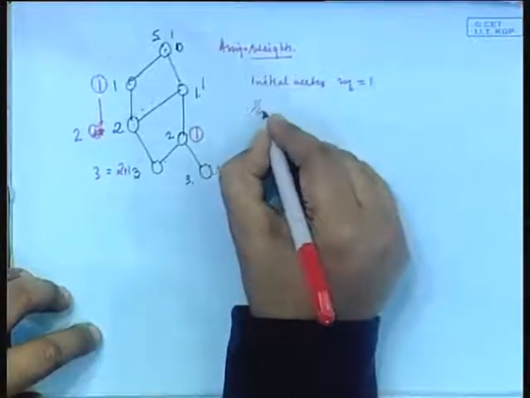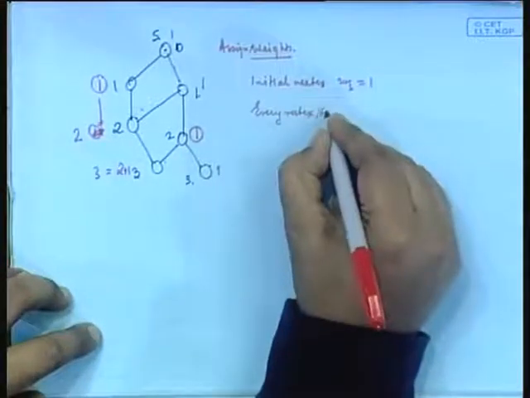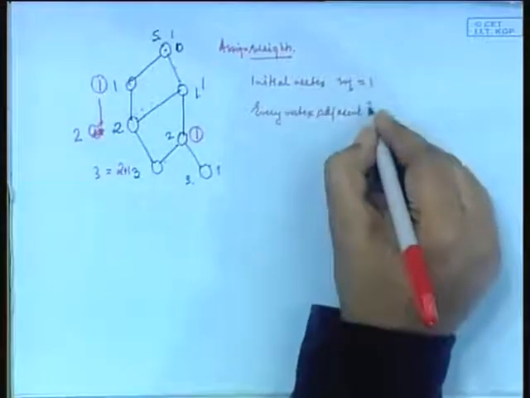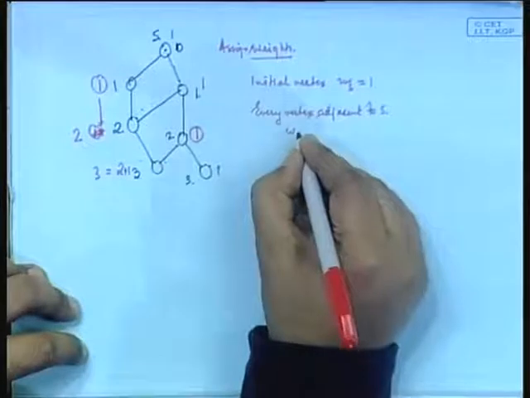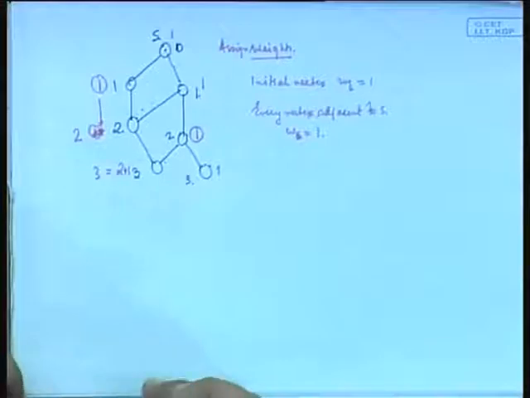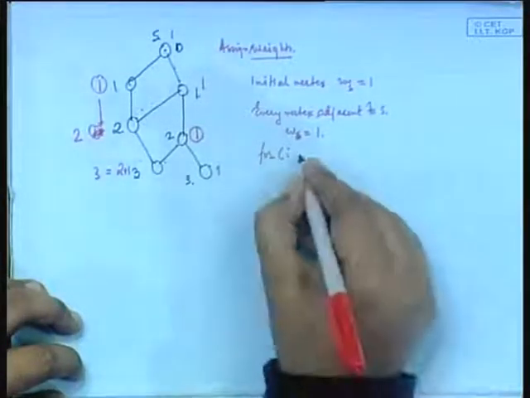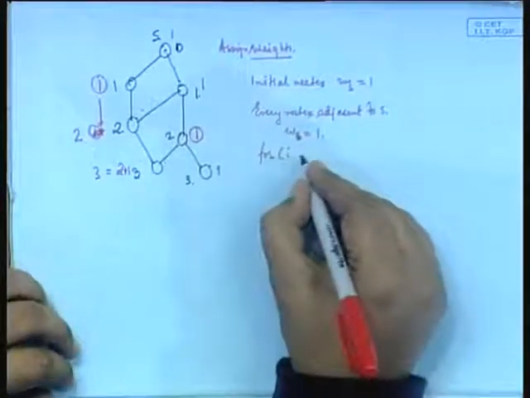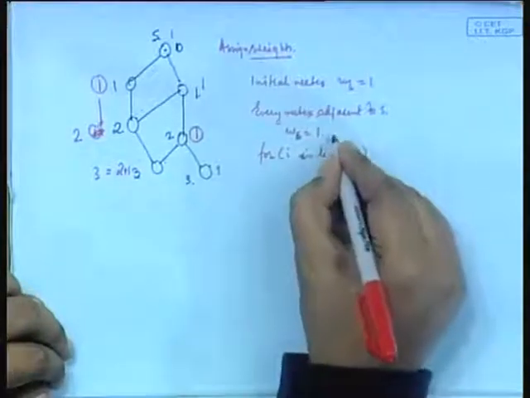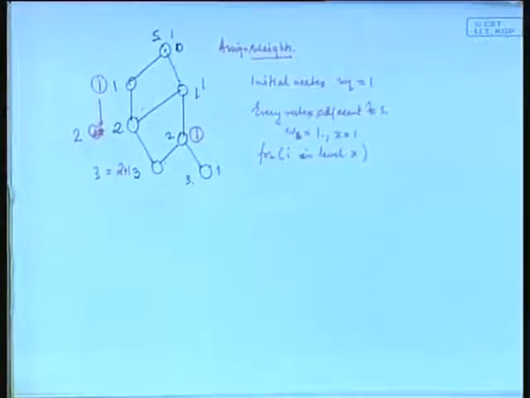Every vertex adjacent to S will have W is equal to 1. Okay. So, now for I in level x, say, x is equal to 1, I start with the first level.